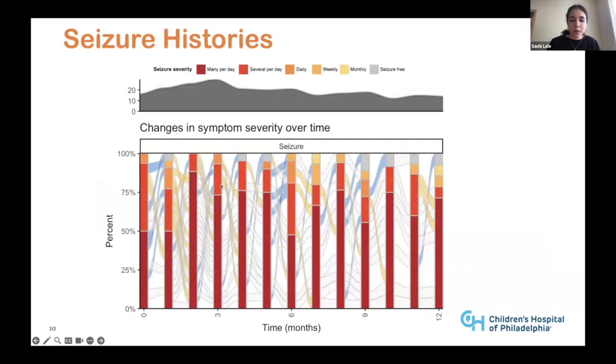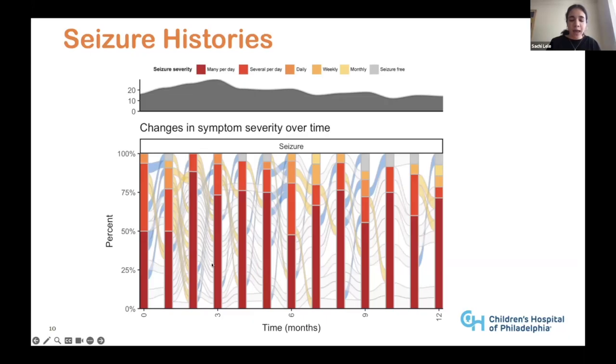So our next question was, how can we look at seizure severity and how seizure severity changes over time on a month-to-month basis for the first 12 months of life? Our x-axis shows the first 12 months from 0 to 12, and the y-axis shows the proportion of individuals experiencing seizures and their respective seizure severity.